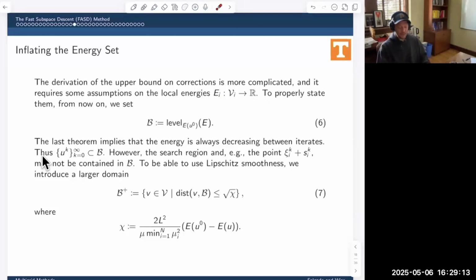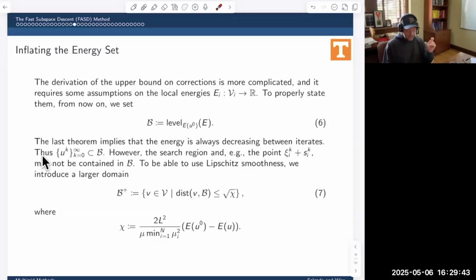And to get that, what I need to do is start with this bounded energy set B. First of all, let me say this: the nice thing about the last theorem is that it implies the energy is always decreasing between iterates. That means that if I start in some bounded energy set, I always stay in the bounded energy set. So that's, first of all, beautiful. That's nice.